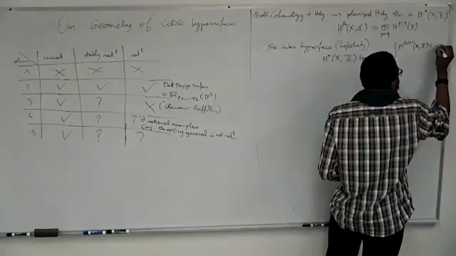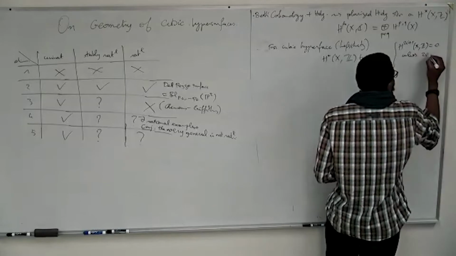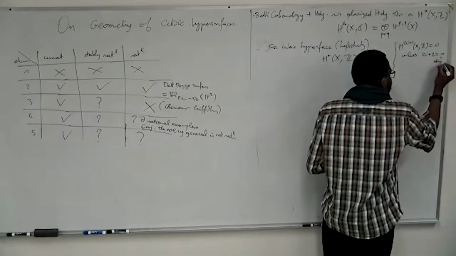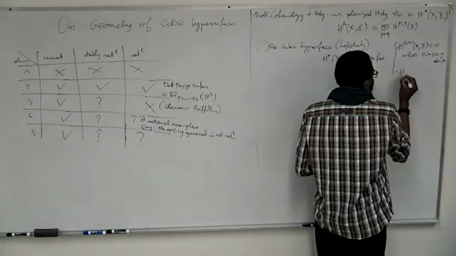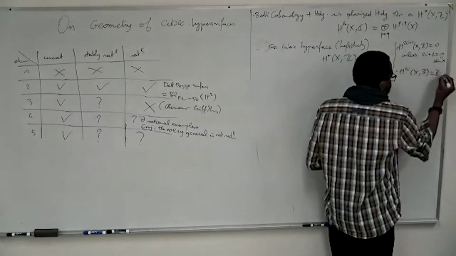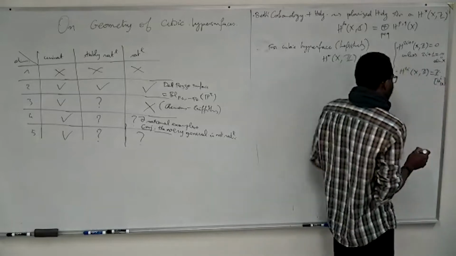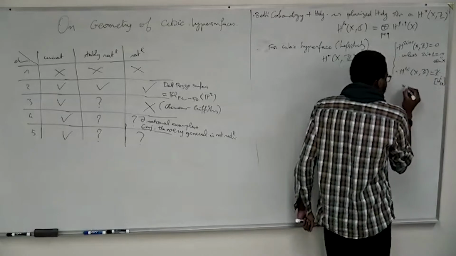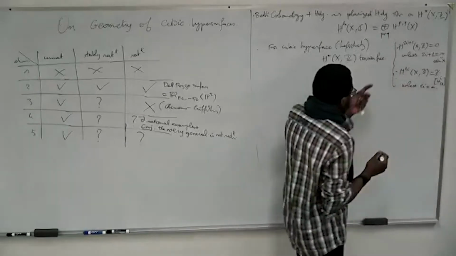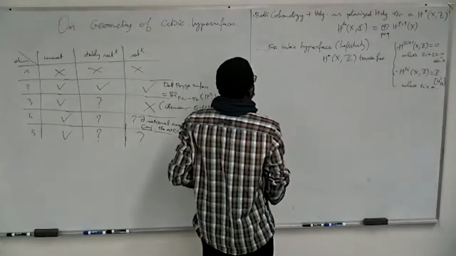So they are 0 in odd degree unless the degree is equal to the dimension of the cubic. And the even ones are equally simple. It is just Z generated by the restriction of the hyperplane class that I denote H, big H, unless, again, 2i is the dimension of the cubic. So the only interesting homology is the homology in the middle.